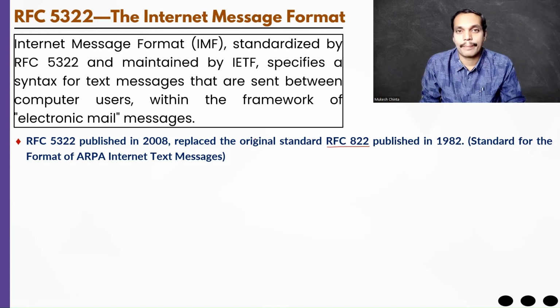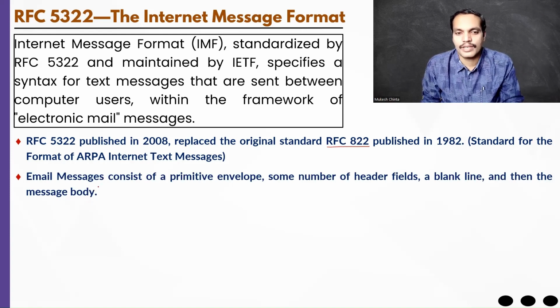Do you remember? ARPA stands for Advanced Research Projects Agency, and the first network that was built is the ARPANET. RFC 822 was the format defined for transmission of text messages during this ARPANET. Email messages consist of a primitive envelope, some number of header fields, a blank line, and the message body.